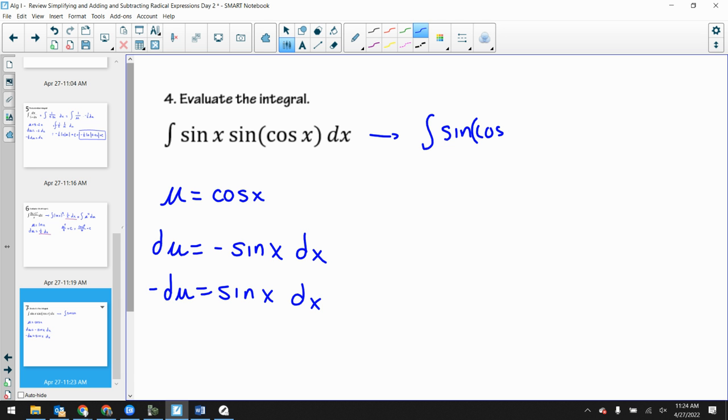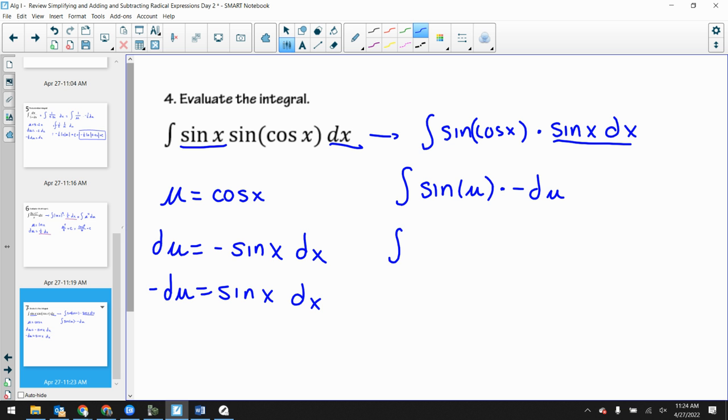And the reason why that is valuable here is because this can be transferred into the integral of cosine x times sine x dx, right? This piece here is what I'm putting over here. And that is nice because that's just negative du, right? So I can say that this is equivalent to being the integral of sine of u times negative du.